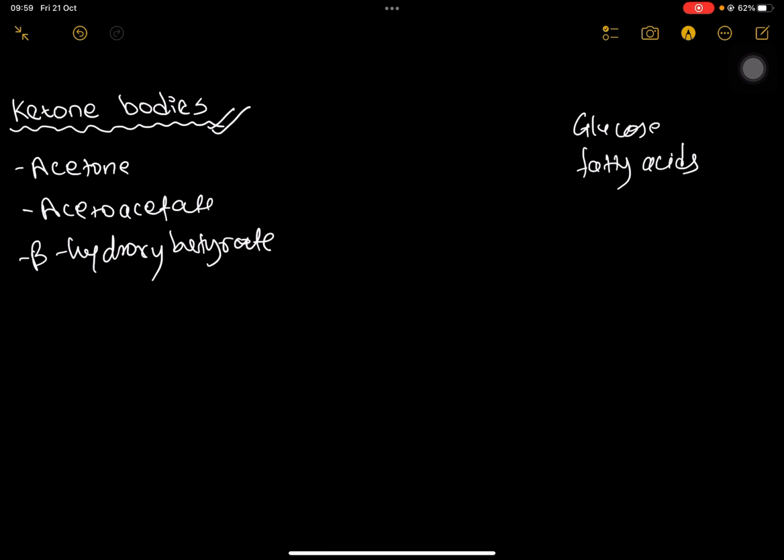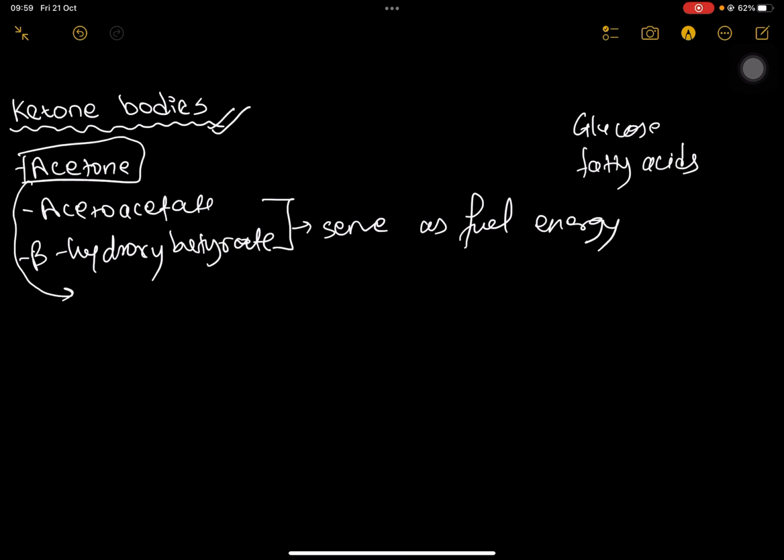One very important thing that we have to know is that two of these ketone bodies, acetoacetate and beta hydroxybutyrate, serve as fuel energy. But acetone does not serve as fuel energy.